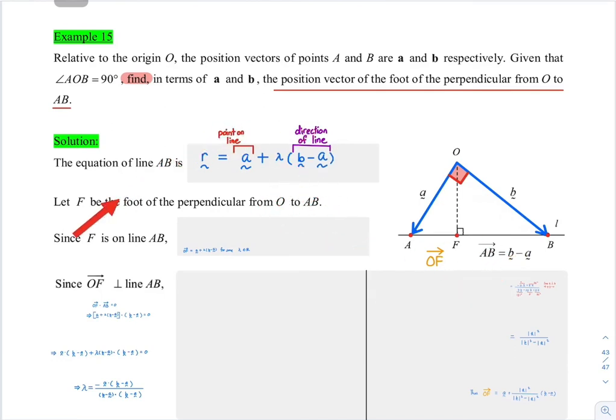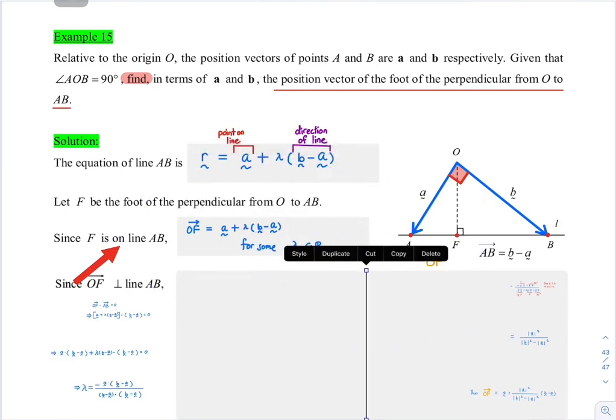Since F is on the line AB, we can use this equation of the line AB to represent the position vector of the point F for some value of lambda. So we write this, for some values of lambda.